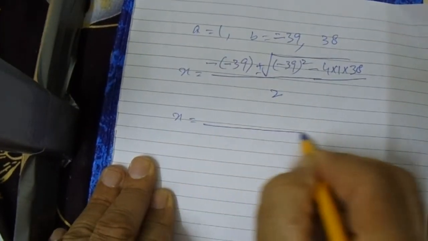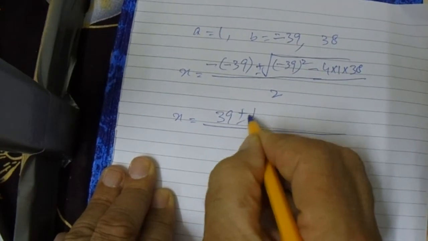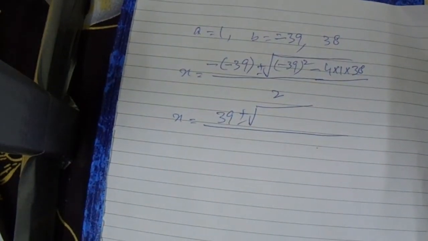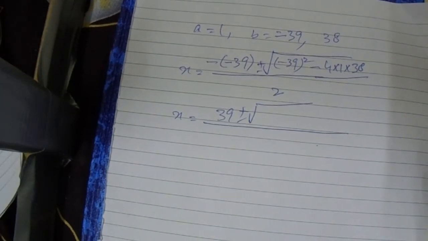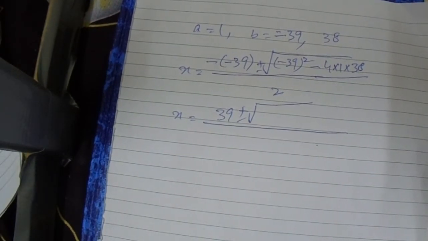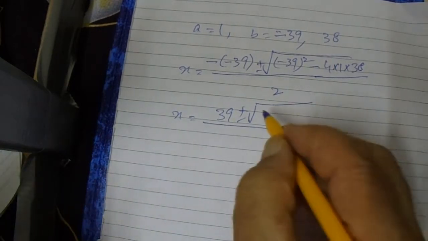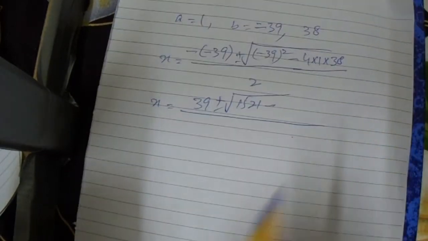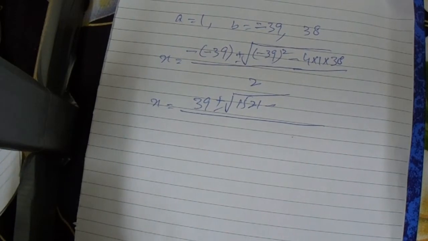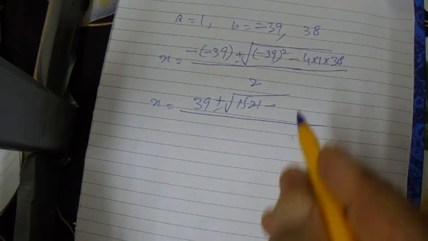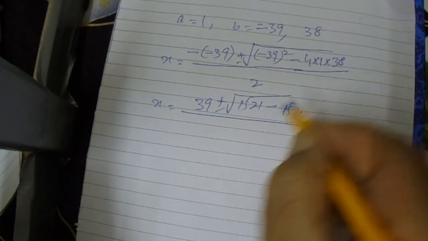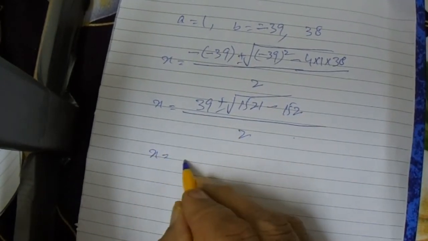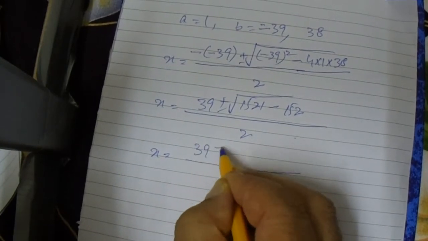The square of 39 is 1521, minus 4 multiplied by 38, which is 152, over 2. x is equal to 39 plus or minus.